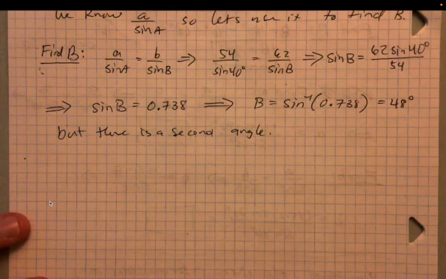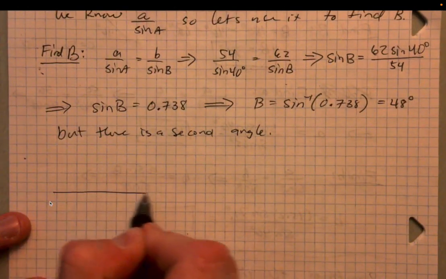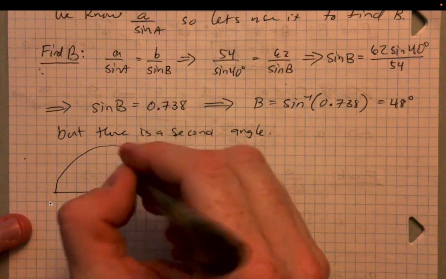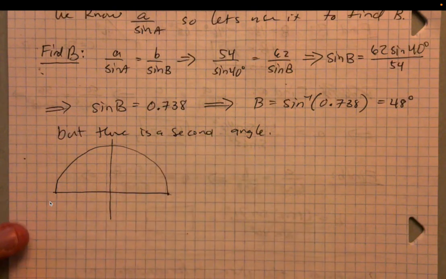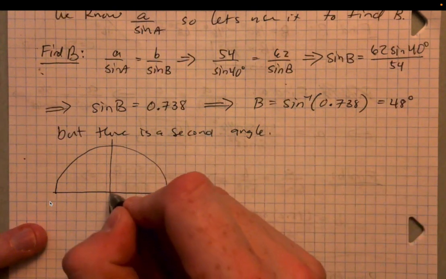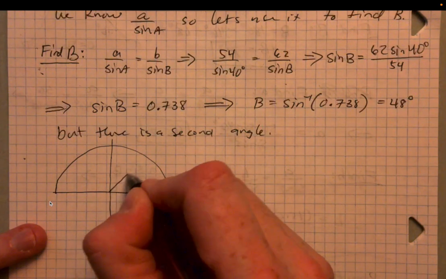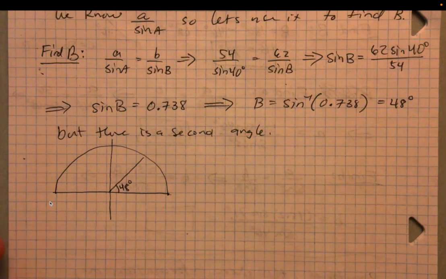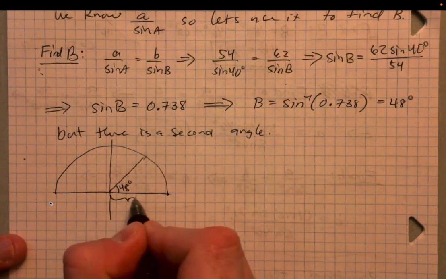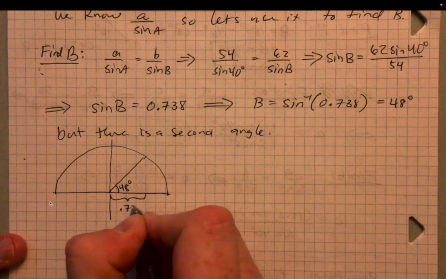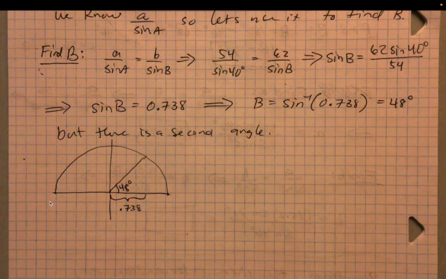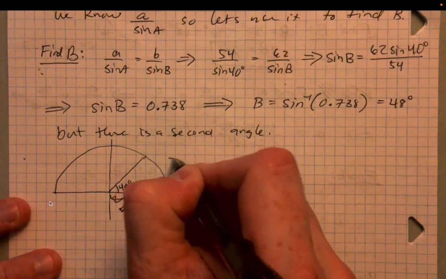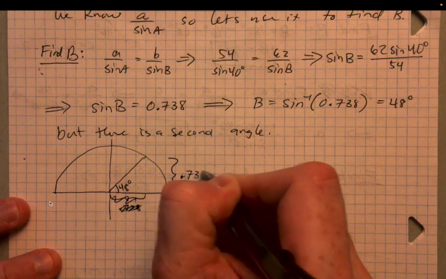Right, and the way you can think about that is if I take the upper half of the unit circle here. Okay, and so here's my x-axis. And so I found the 48 degrees, and it's going to be right about a bit like that, right? So I've got 48 degrees. And so what that's telling me is that this length here is 0.738. Oh, sorry, that's the cosine. Not that length. This length is 0.738. We're talking about the sine, right?